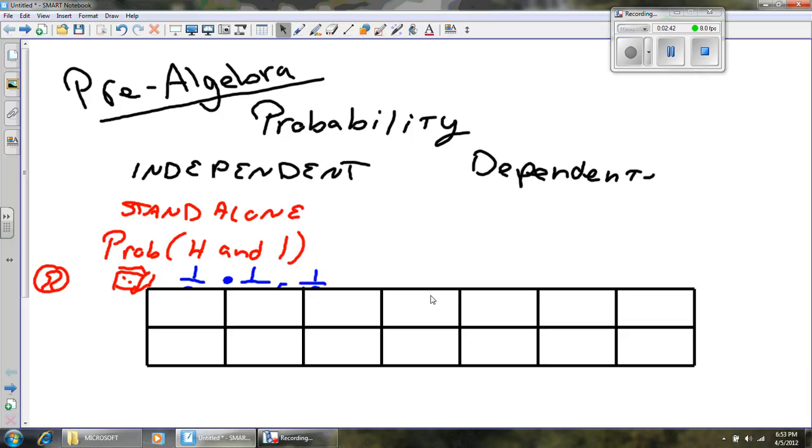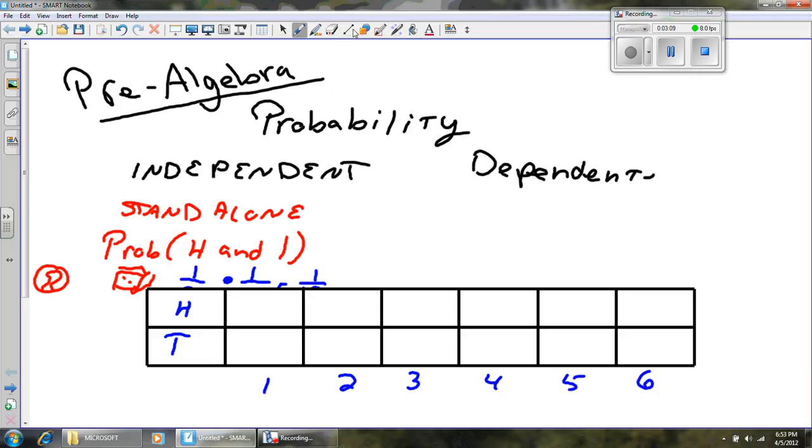I want that to slide down, but I don't think that is going to happen. That's all right, but I can fill it in. Now, for example, I might get a heads or a tail on the coin, right? And the outcomes on the die could be a 1, 2, 3, 4, 5, 6.